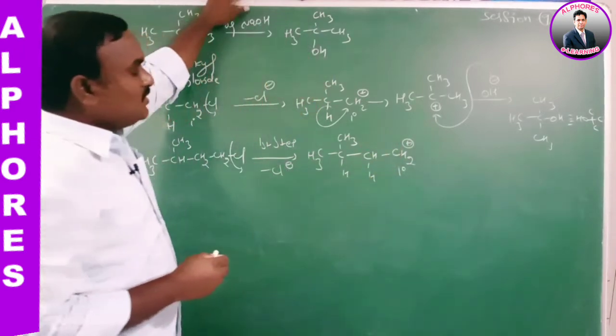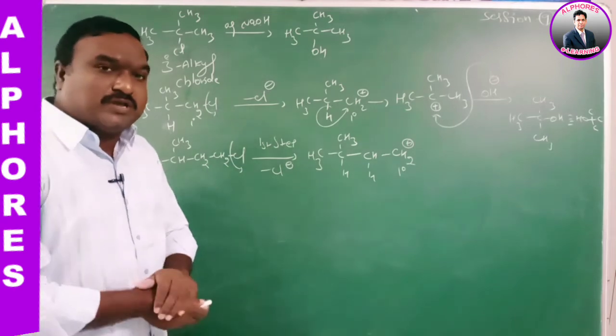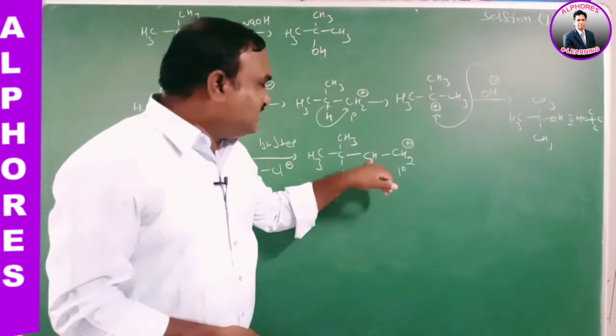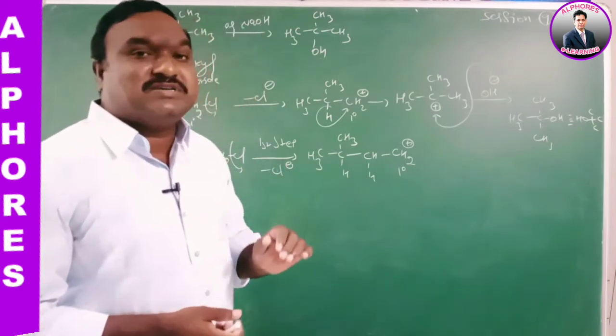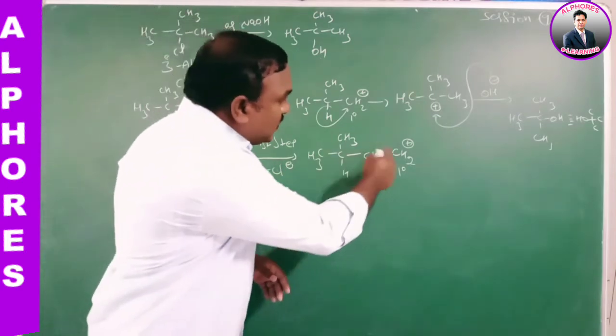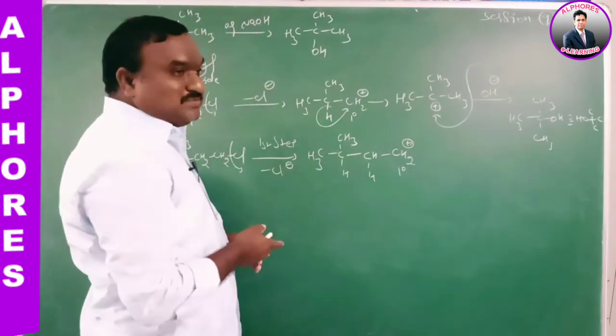The formed intermediate is a primary carbocation, but the adjacent carbon has secondary nature. A hydride shift from the secondary carbon to the primary carbon takes place, so carbocation rearrangement is possible here.